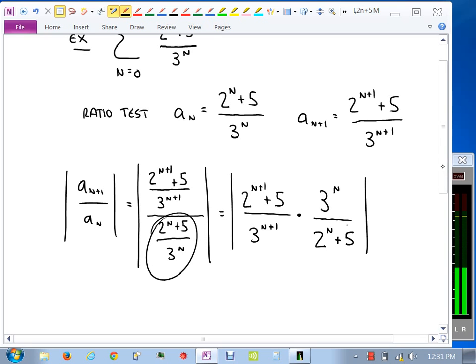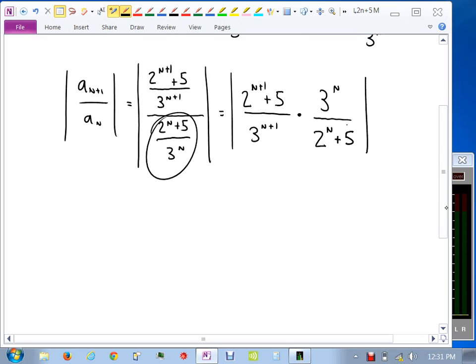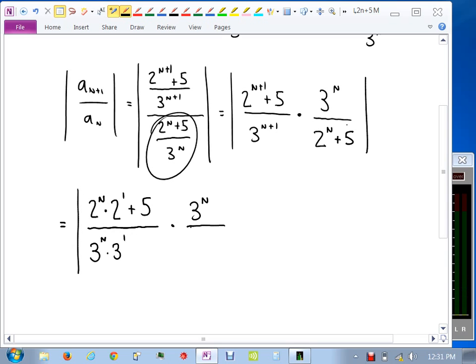This is equal to 2 to the n times 2 to the 1 plus 5 over 3 to the n times 3 to the 1, times 3 to the n over 2 to the n plus 5.